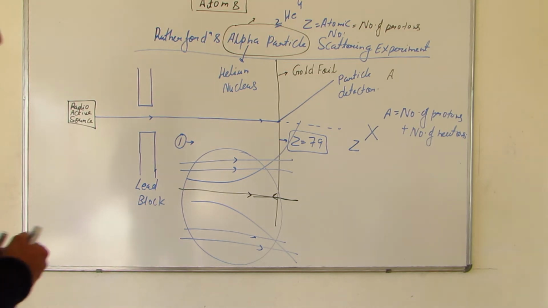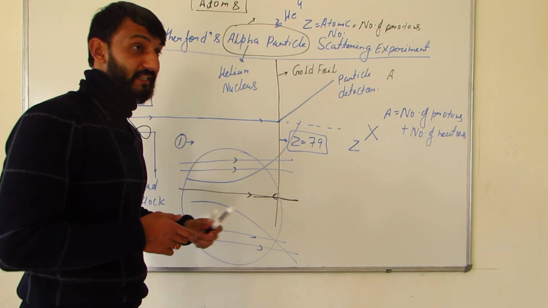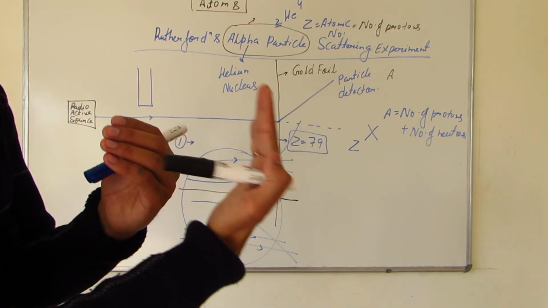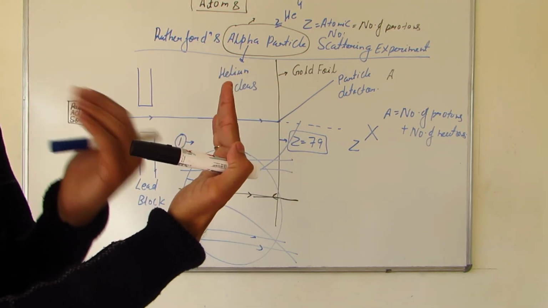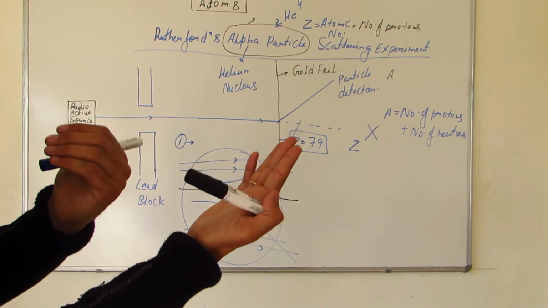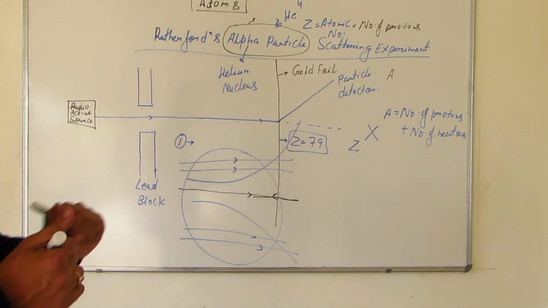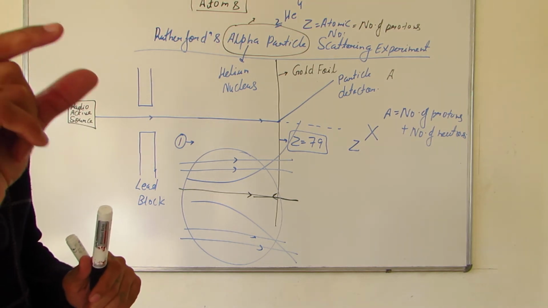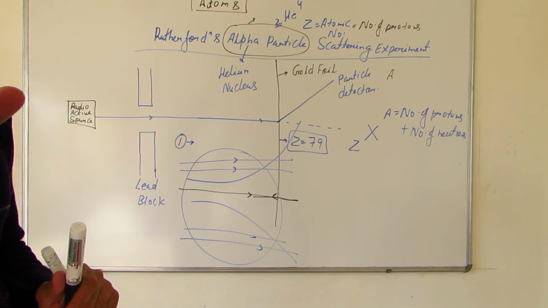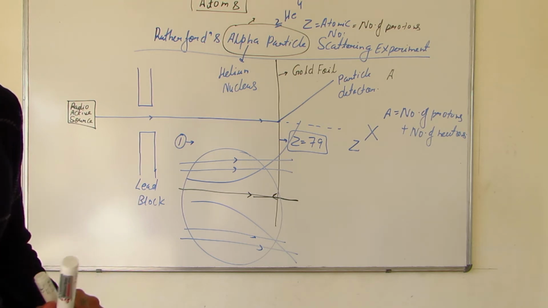And deflection will take place only when we have a positive charge against them, because they are positively charged. So Rutherford concluded that somewhere inside the atom there is a positive charge concentrated.